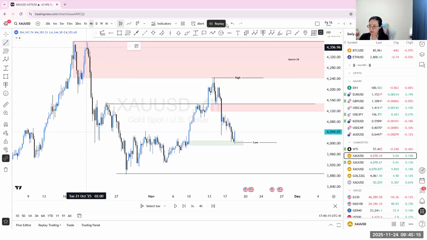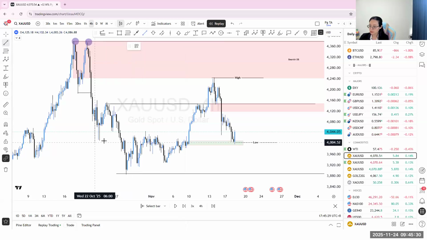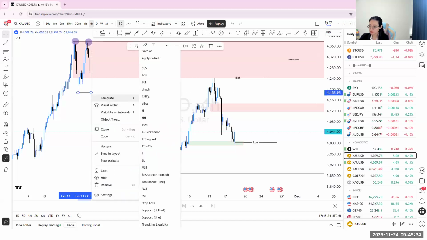From ATH, price has made the double top, and this one makes the change of character, and after that they make the BOS.